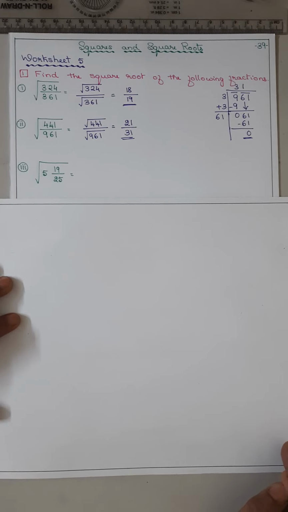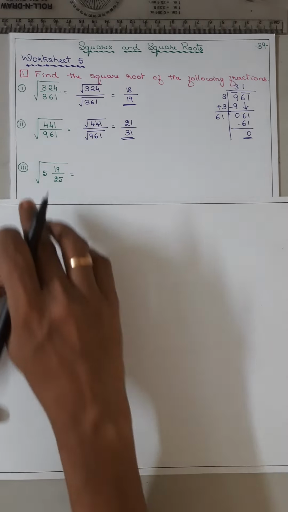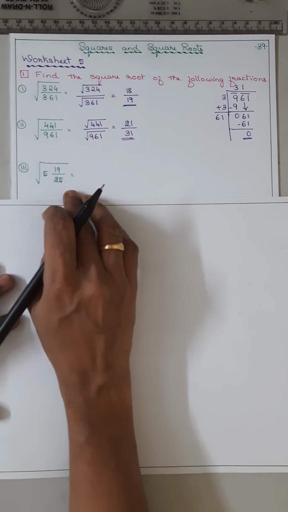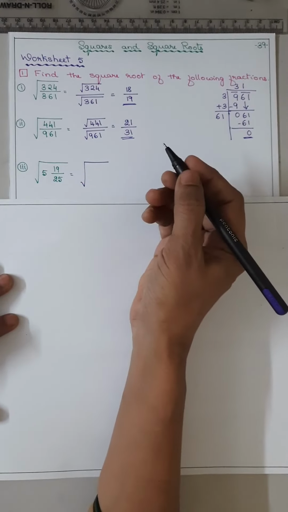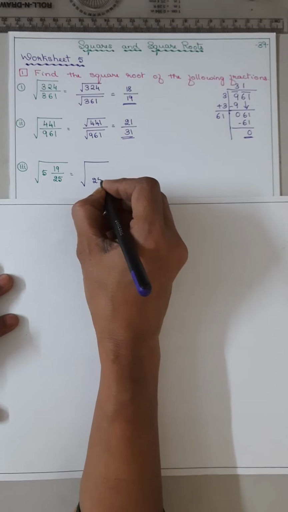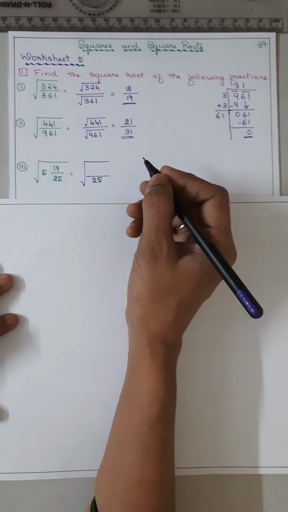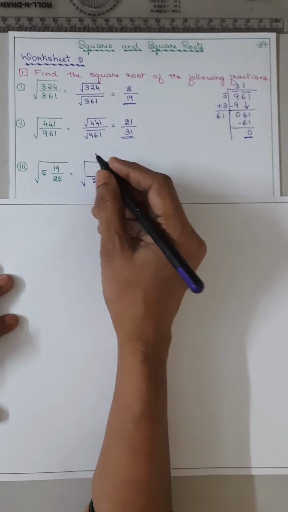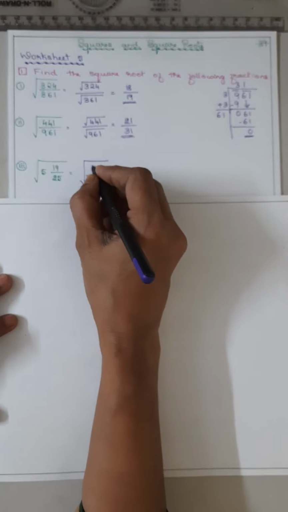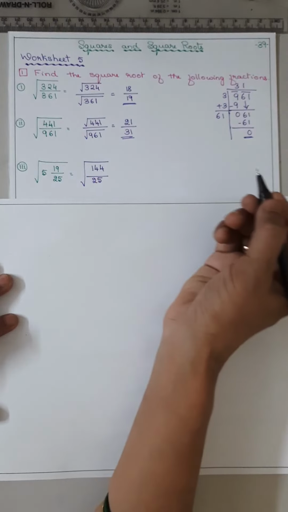Now coming to the third one, the square root of 5 and 19 by 25. That means first convert it into an improper fraction, that is 25 in the denominator. 25 5s are 125 plus 19, it will be 144.